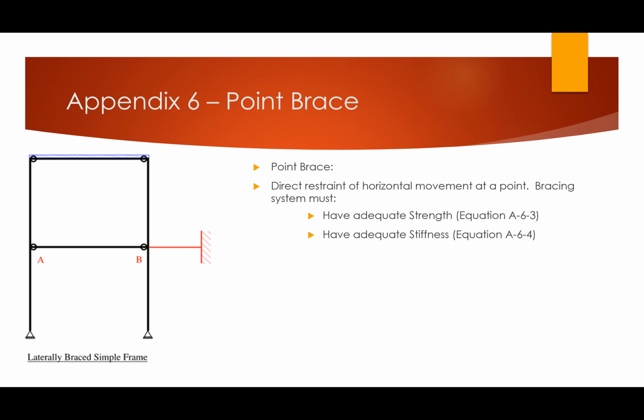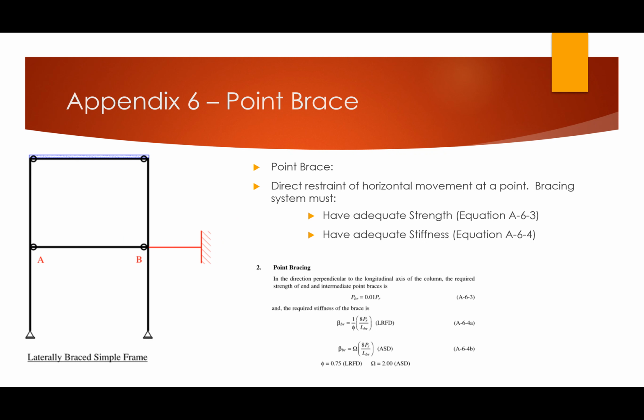So this point brace has to meet stiffness as well as strength requirements. There's very simple equations to calculate these and check them, right? But again, this is a critical difference. You're directly controlling movement with adequate strength and stiffness at a particular point, right?